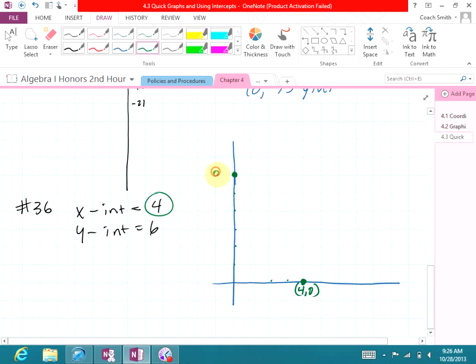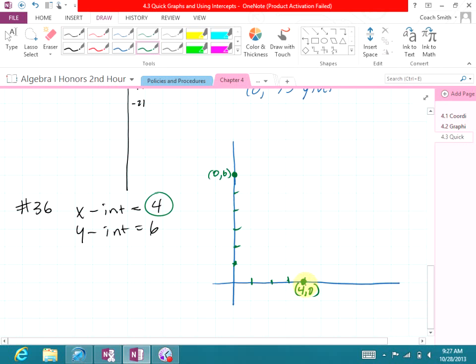And that's 0, 6. I started from the origin, but that's not 1. I just went 1, 2, 3, 4, 5, 6. And then I went this way: 1, 2, 3, 4.